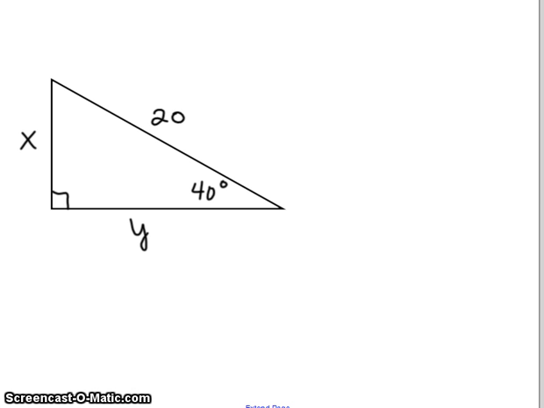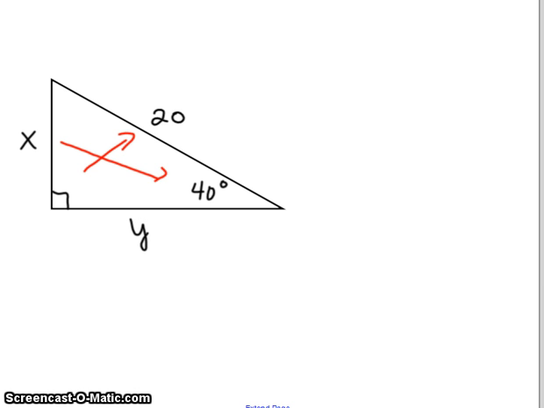All right, last one we're going to solve for x and y. Okay, with x, we have the opposite side and we have the hypotenuse. Okay, we don't want to use y because we don't know what y is with x.